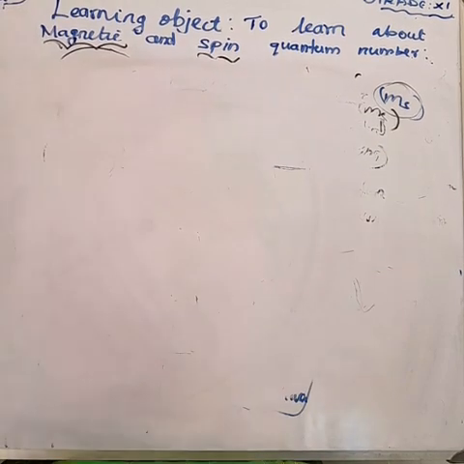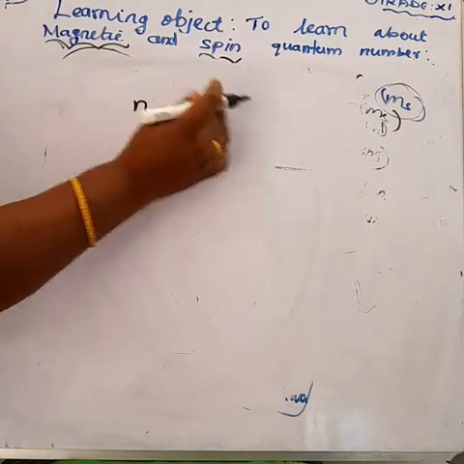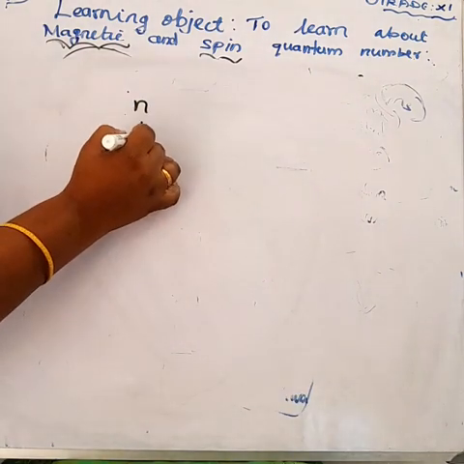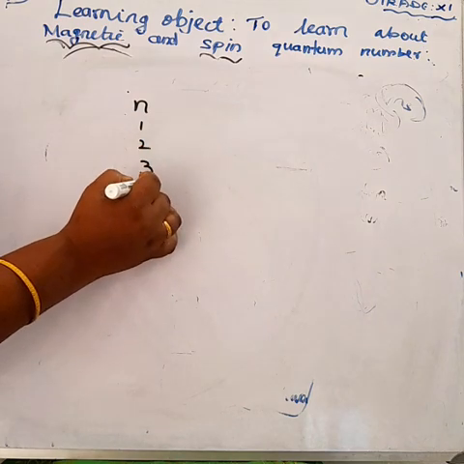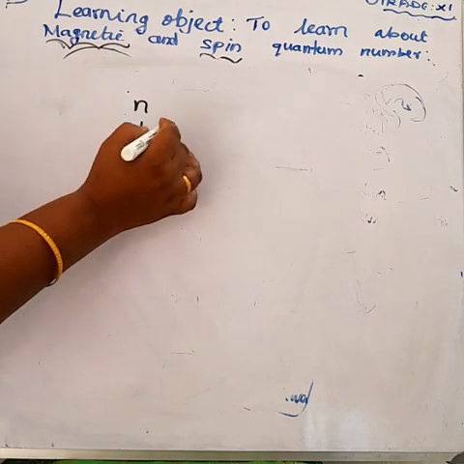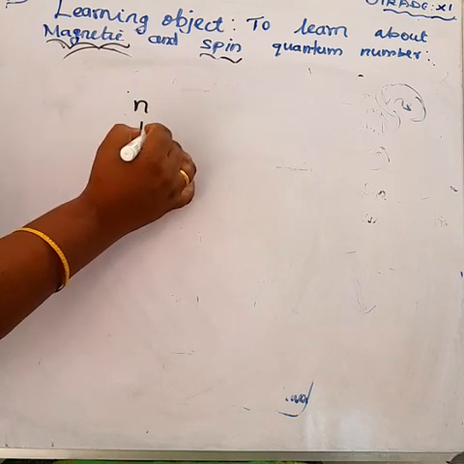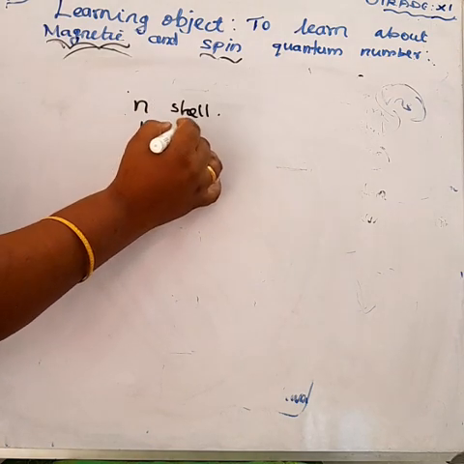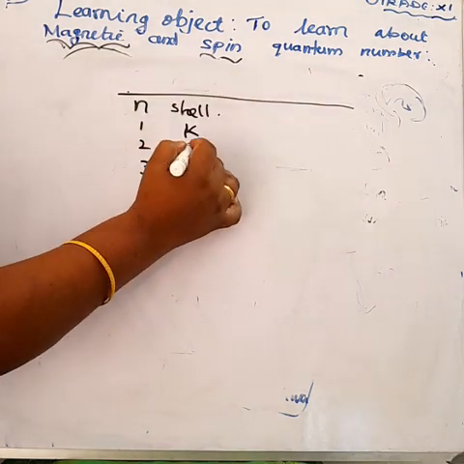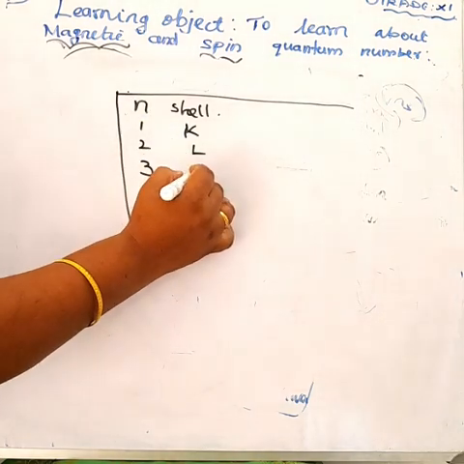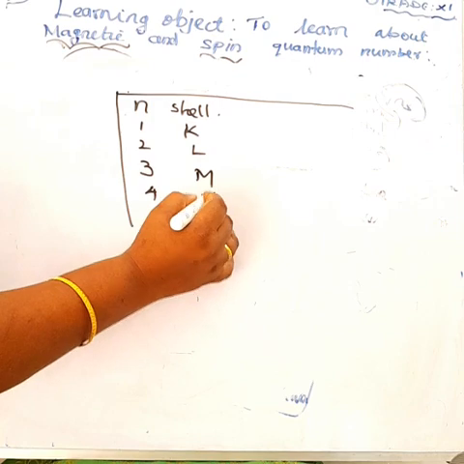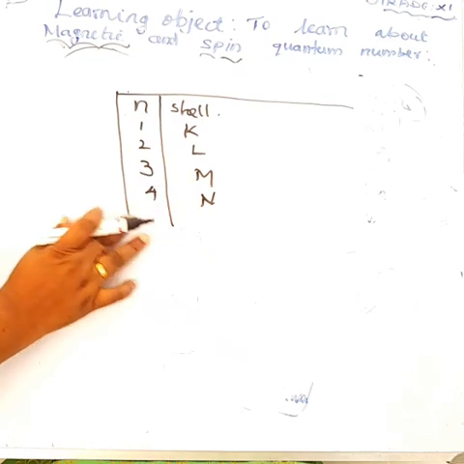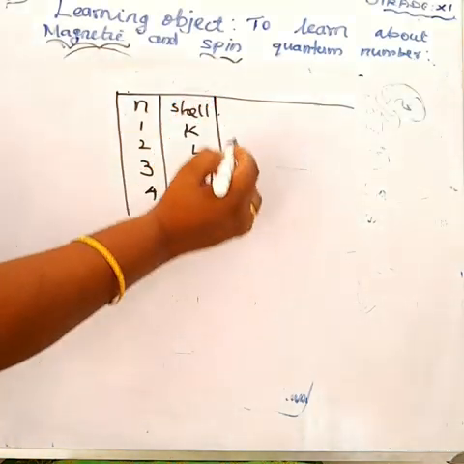It denotes the symbol n. n is equal to any integral value: 1, 2, 3, 4. n is equal to 1 represents the K shell, n is equal to 2 represents the L shell, n is equal to 3 represents the M shell, and n is equal to 4 represents the N shell.